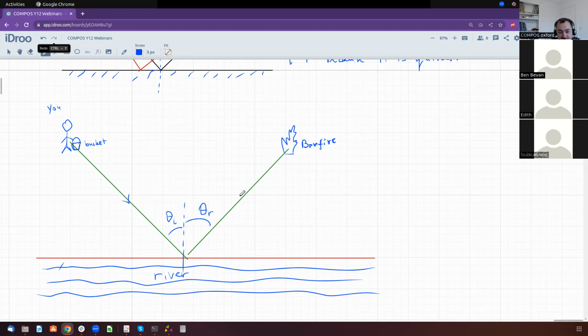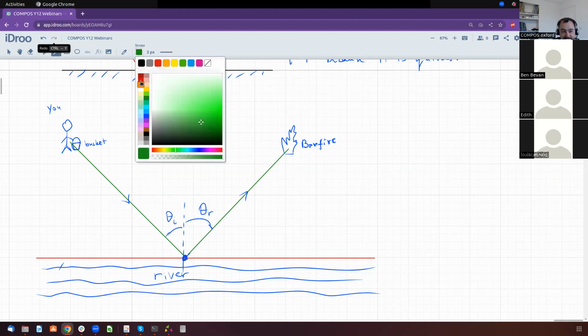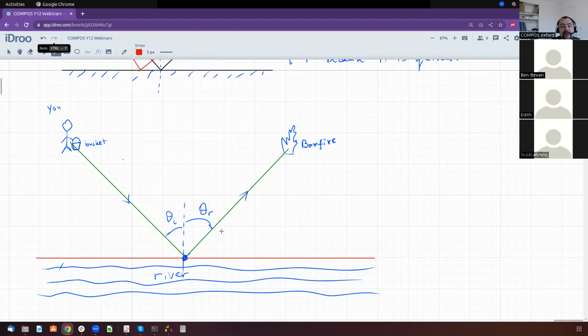So if this is the quickest way to the bonfire, if this angle is equal to this angle. Why? I think that in reality, if you're talking about a person with a bucket of water, probably the quickest way would be like this. Can anybody think of a reason why?